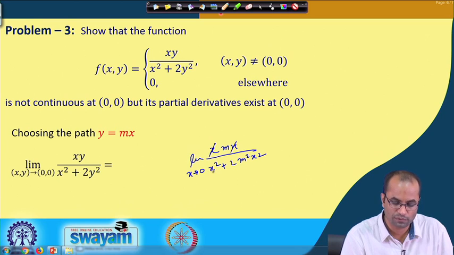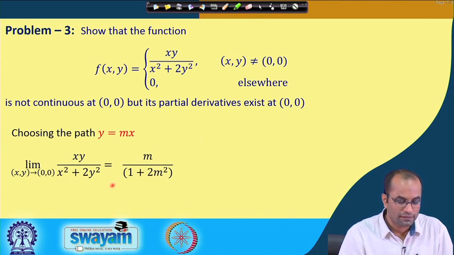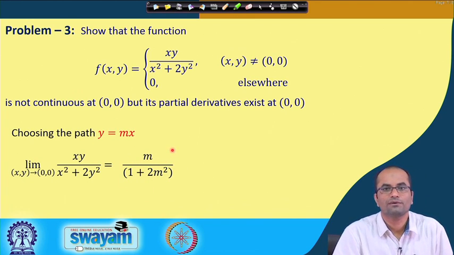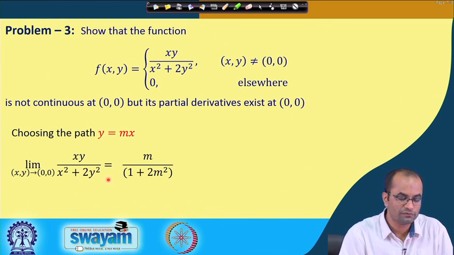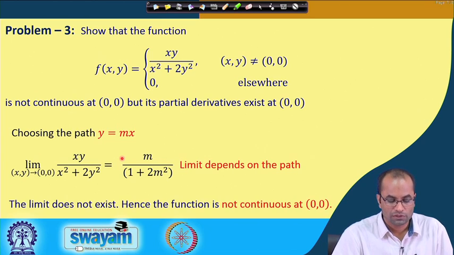So, x square, x square, x square cancel, and we will get this limit as m over 1 plus 2 m square. Hence this limit does not exist because it depends on m. For different values of m we are getting different values of this limit, hence this limit does not exist and the function is not continuous.